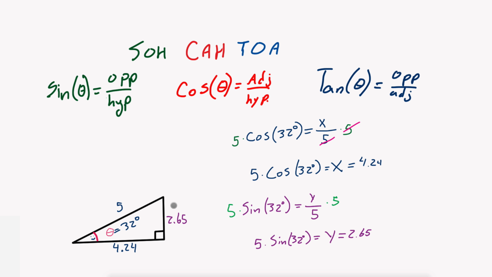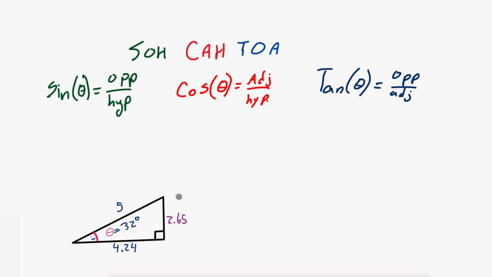Okay, so what if we were trying to find out what the angle was? What is this angle 32? All right, so assuming that we didn't know that this is 32 degrees, we don't know what that angle is. And this is what we have. We have these answers.